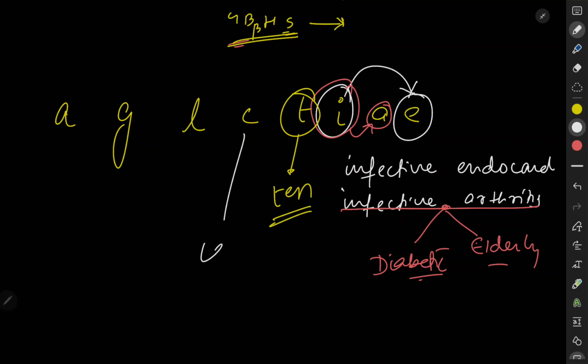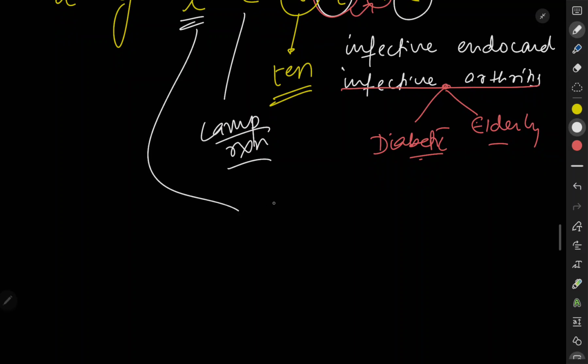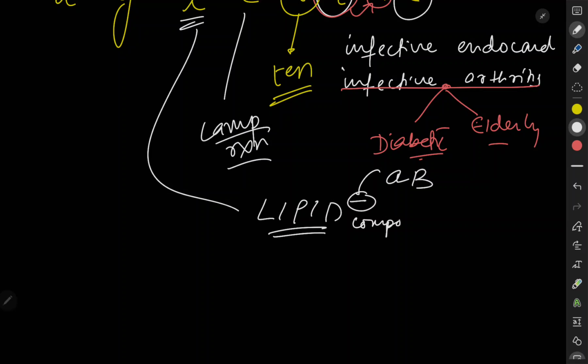C means CAMP reaction is shown by this. I will tell you later what this is. L, interesting. Basically, L here stands for lipid. You see, there are some antibiotics which inhibit the lipid component of the cell wall, for example bacitracin.